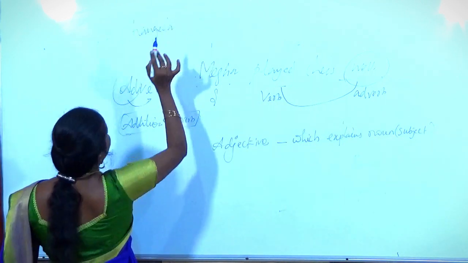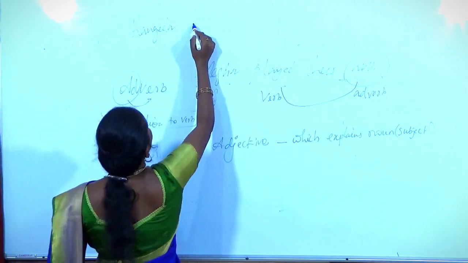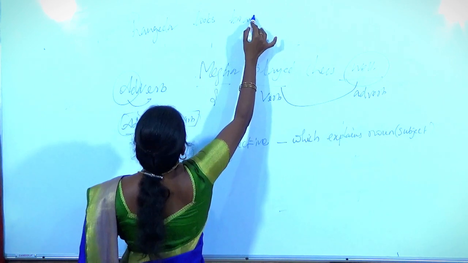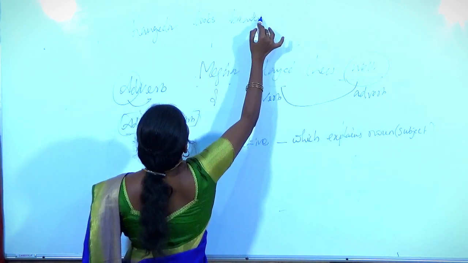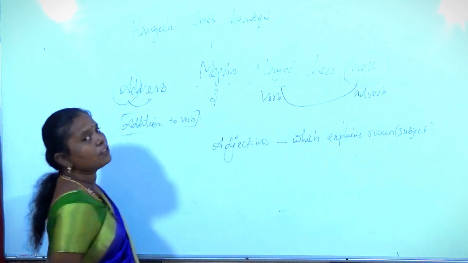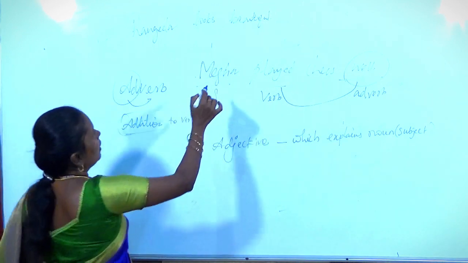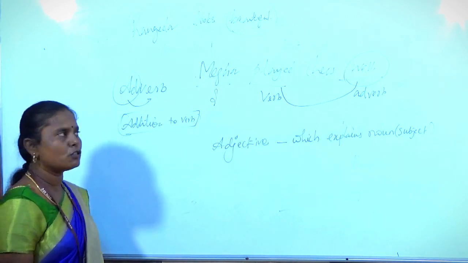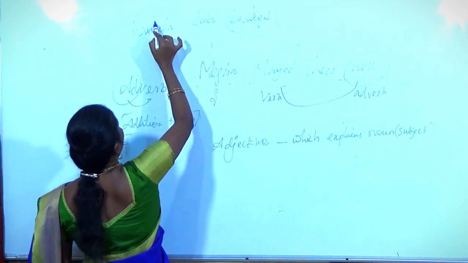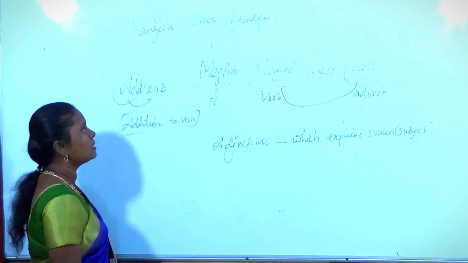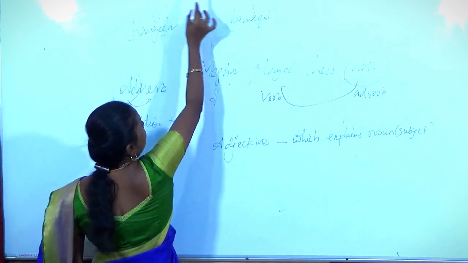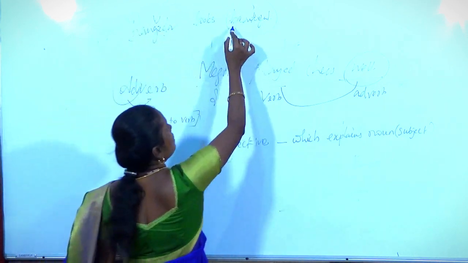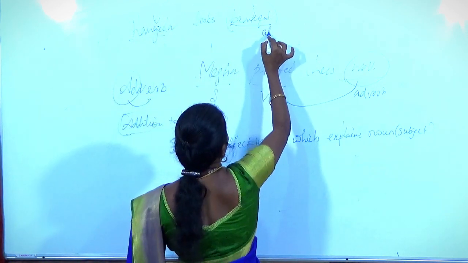For example, Rangila looks beautiful. So this word refers to whom? Beautiful refers to this noun which is in the subject place. So Rangila is beautiful. This word explains the noun, so it is called adjective.